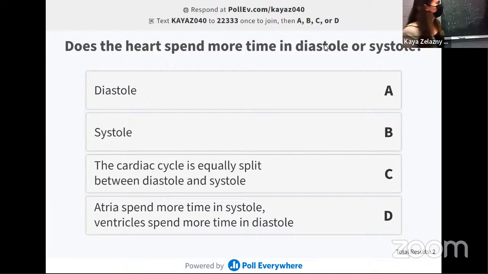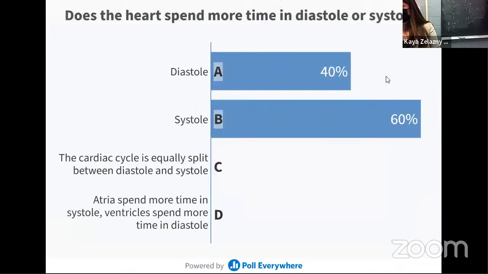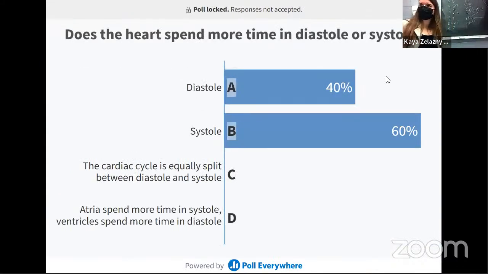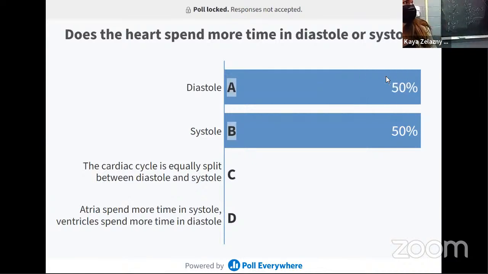So if you look at which one is the longest on that little chart, this should give you a hint for the answer. So it's actually going to spend more time in diastole. So it's going to be relaxed more than it is contracted.